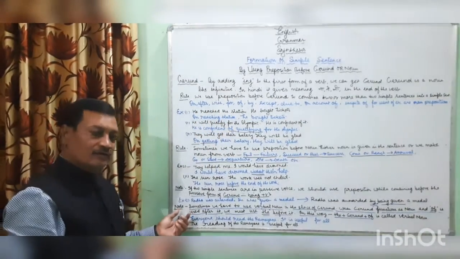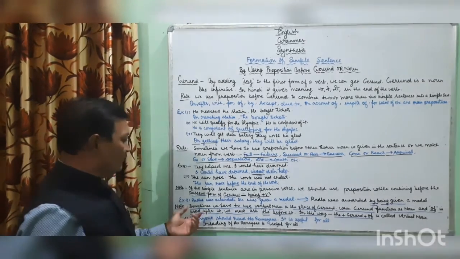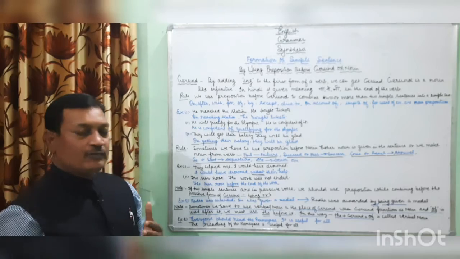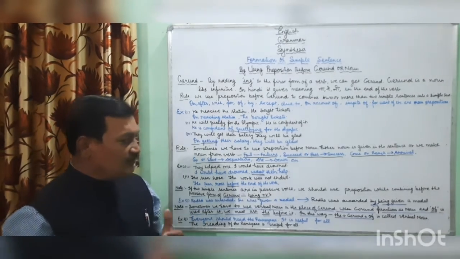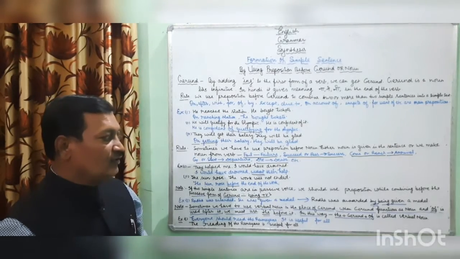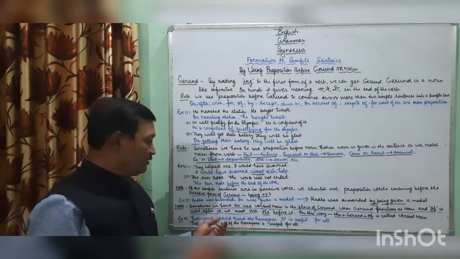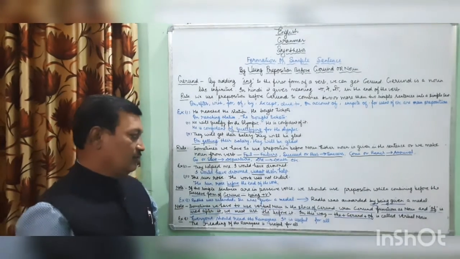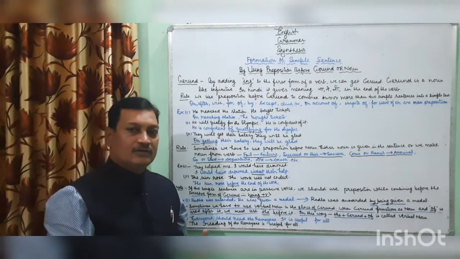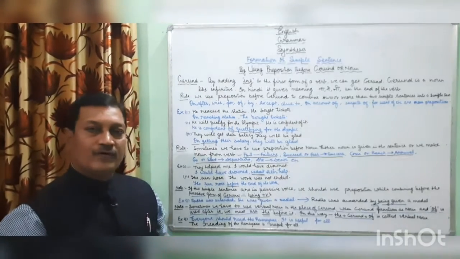Let's read next note. What next note says? Sometimes we have to use verbal noun in the place of gerund. When gerund functions as noun and of is used after it, we must use the before it. In this way, the plus gerund plus of is called verbal noun.